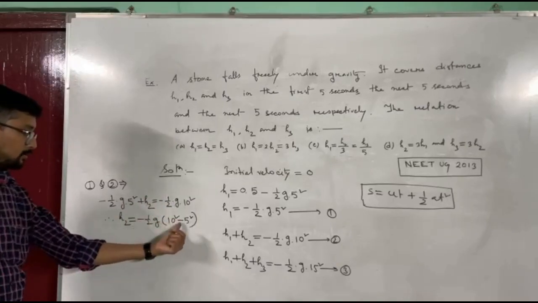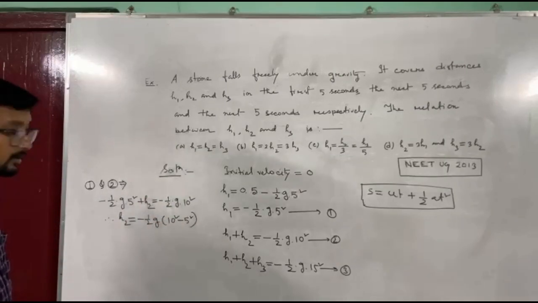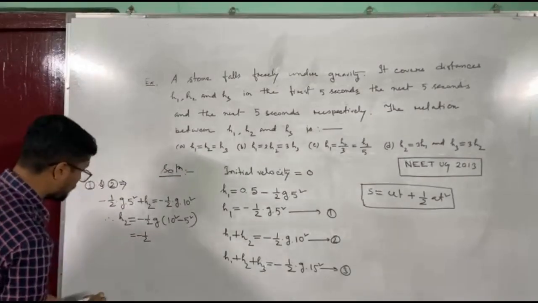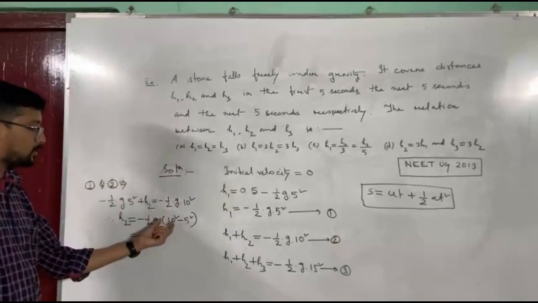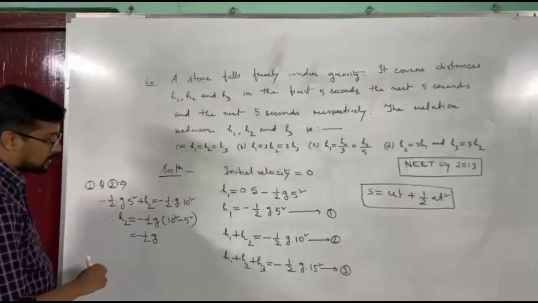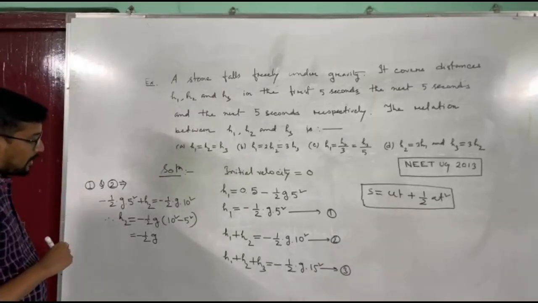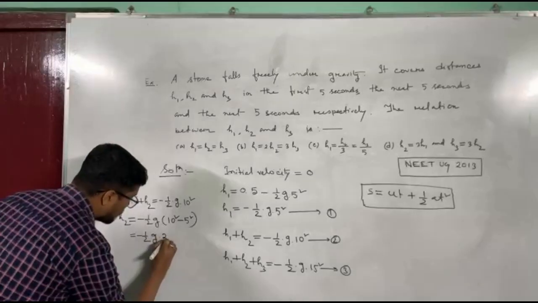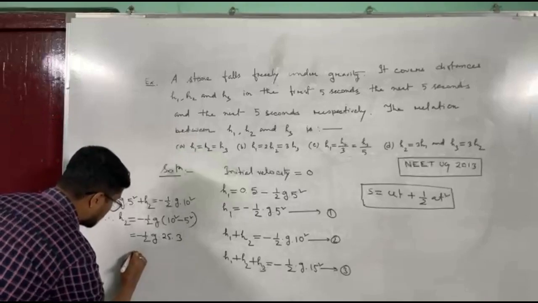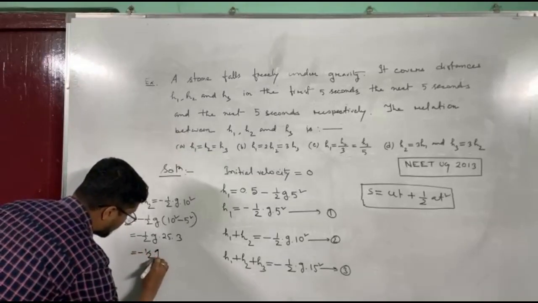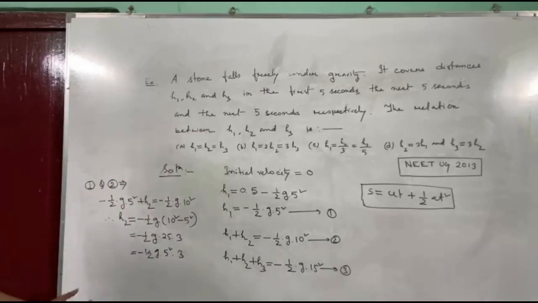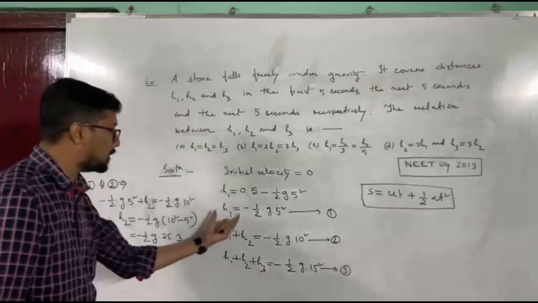So this minus, when you multiply, you get a positive term. So what I can write here is minus half g, 10 square is 100, 5 square is 25. So what I can get is 75. 75 I can write as 25 into 3. So this becomes basically half g 5 square into 3, which is nothing but h1.